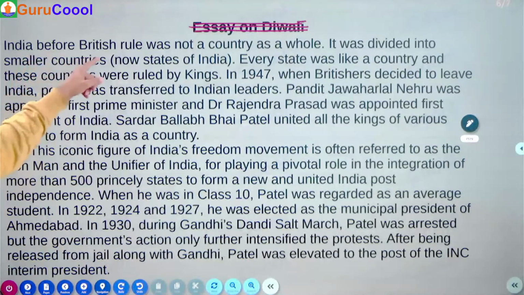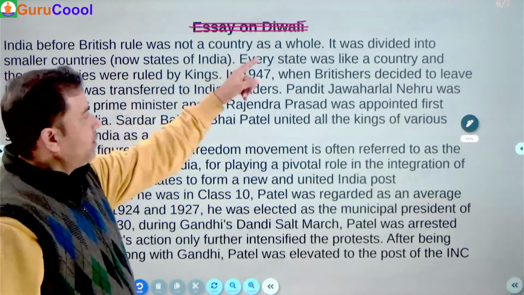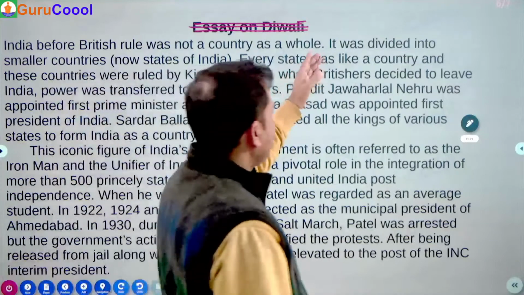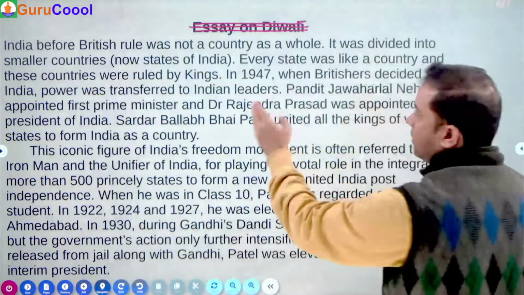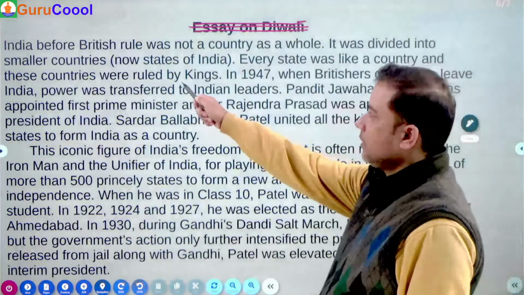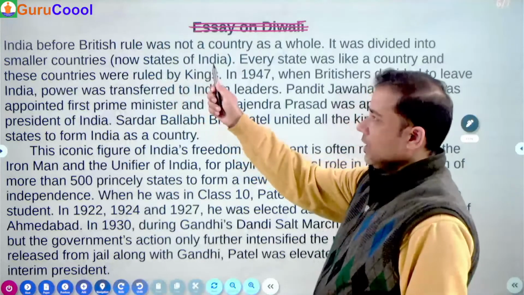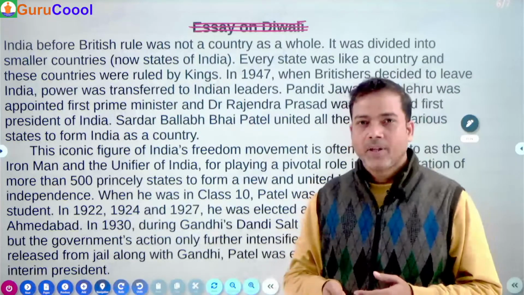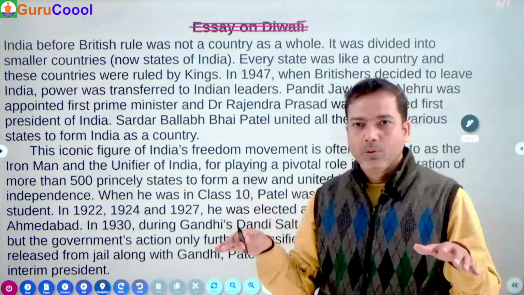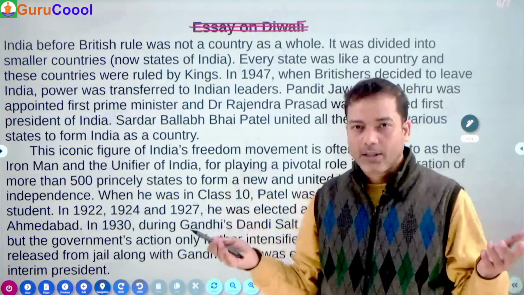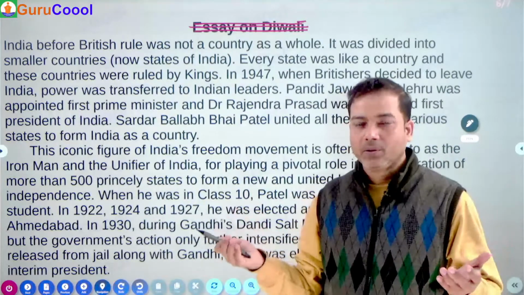India before British rule was not a country as a whole. It was divided into smaller countries, now states of India. Earlier, many states that we know presently were countries before British rule.